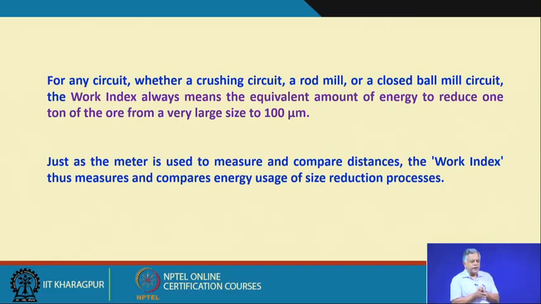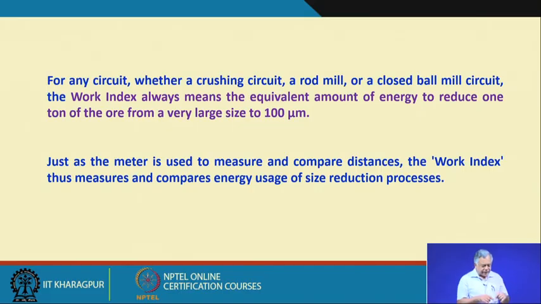Work index is basically telling that in any machine, from an infinite size to a size of 100 micrometer, if you want to process 1 ton of material, it will remain constant. So, that is the equivalent amount of energy irrespective of that.